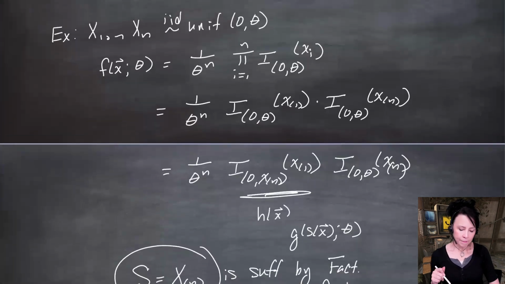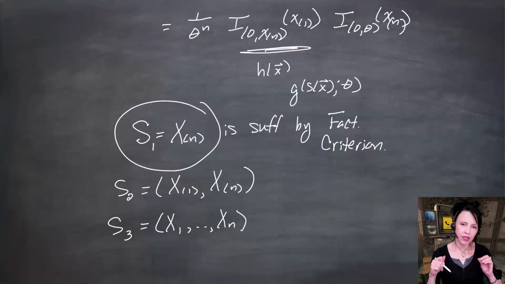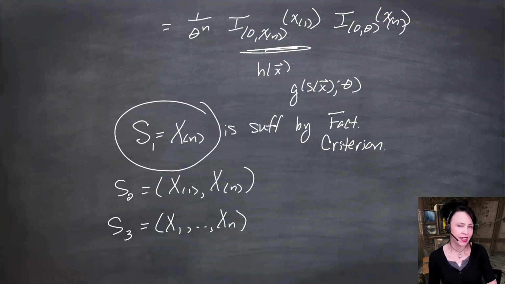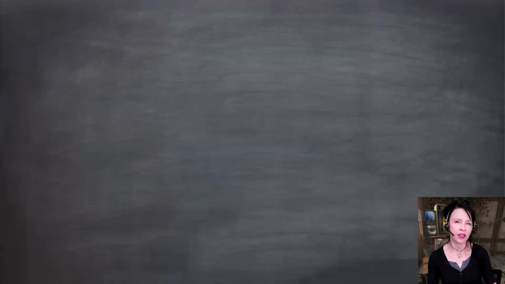But lowest dimension should be what you're thinking about if you're aiming for something minimal sufficient. And then we can use the definition of minimal sufficiency to see whether or not the thing I circled is actually minimally sufficient. Let me give you one more example where using the dimensionality argument will give you trouble.